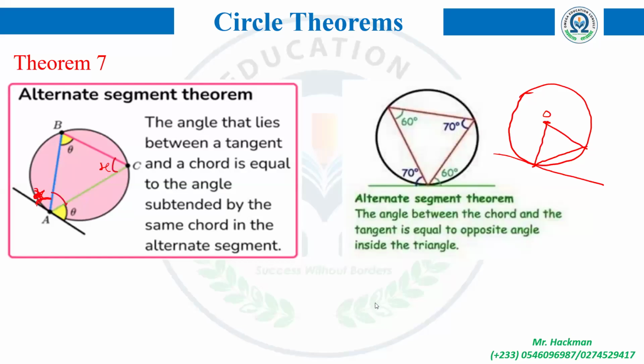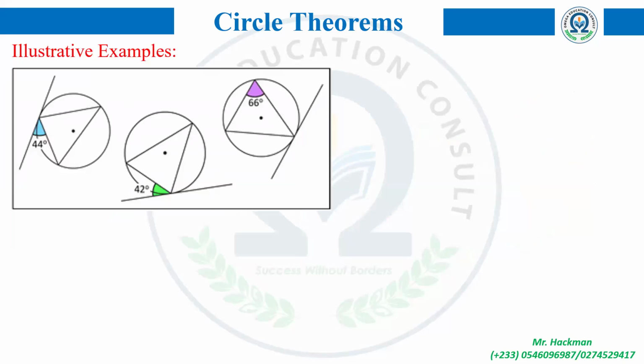Okay. All right. So now let's go and look at an illustrative example and see how best we can deal with these questions. You are doing well. All right. Interesting.